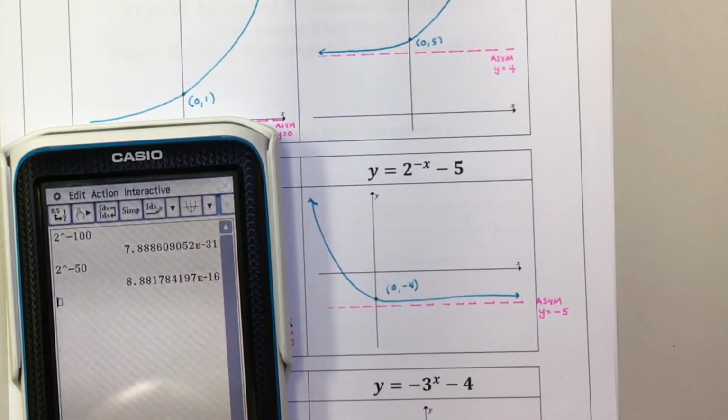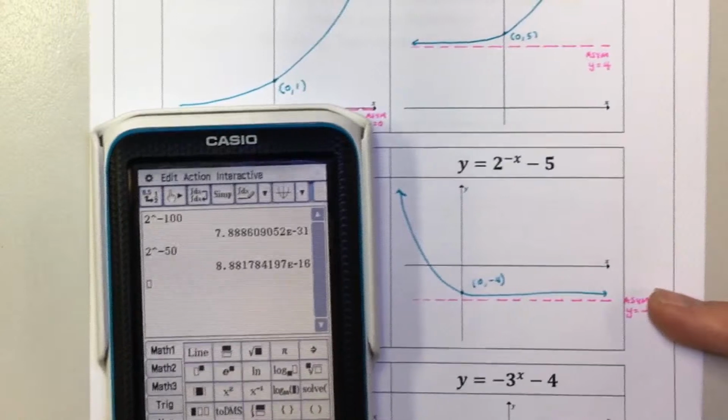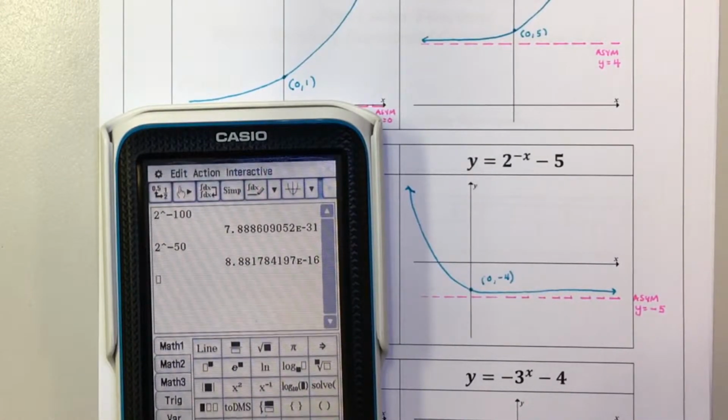So if we want to find that x-intercept, what we can do is we can go to solve. Yeah, there it is. So I'm just going to go to solve. You'll notice I put the negative x in a bracket there so it doesn't get confused.